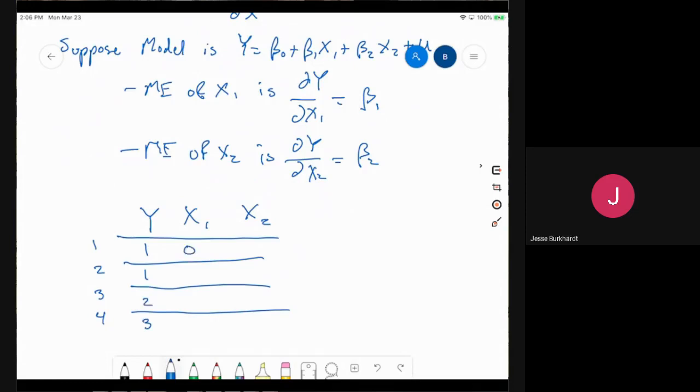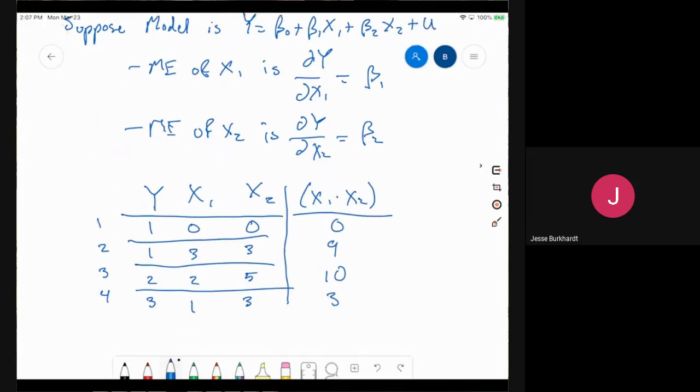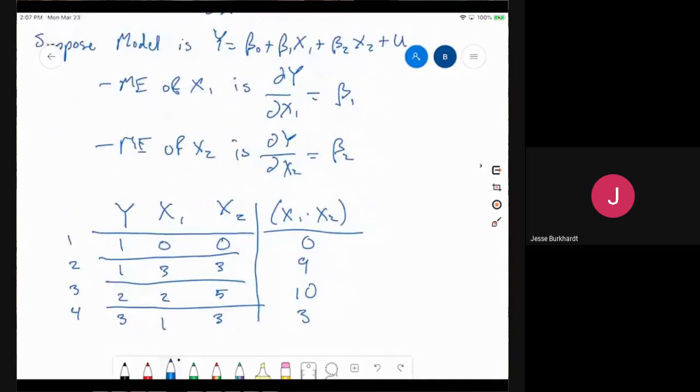I'm making up some values. x2 is 0, 3, 4. I wrote 5 but said 4. Okay, an interaction between x1 and x2 is simply multiplying the two together. So we can have an interaction term in our model that's literally just multiplying these two variables together.